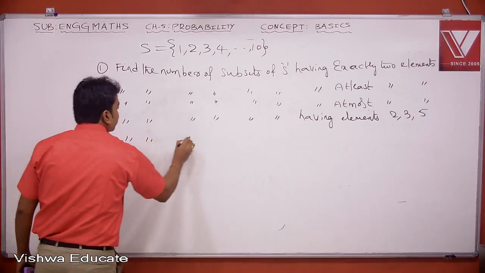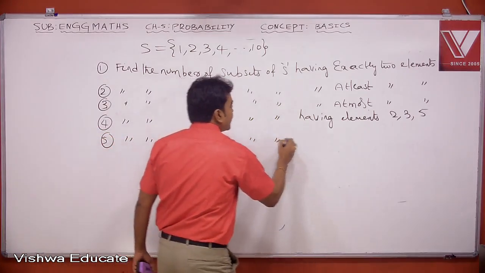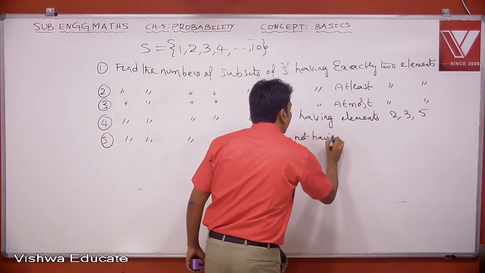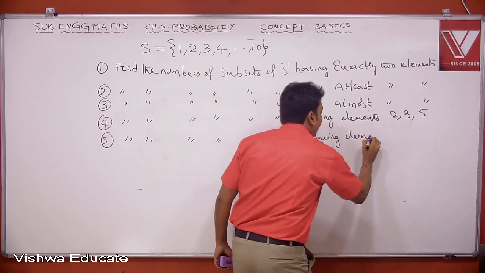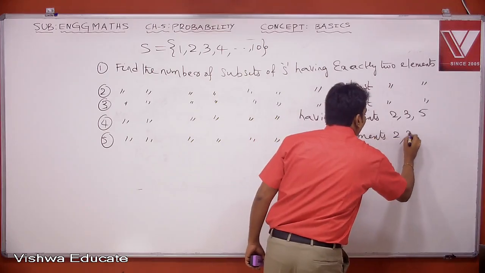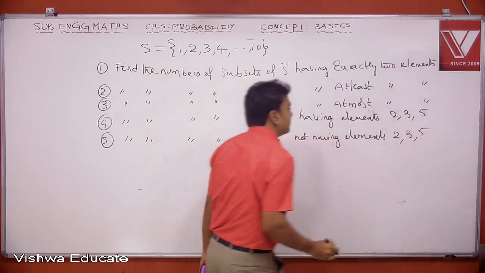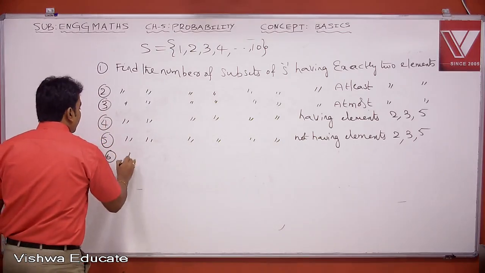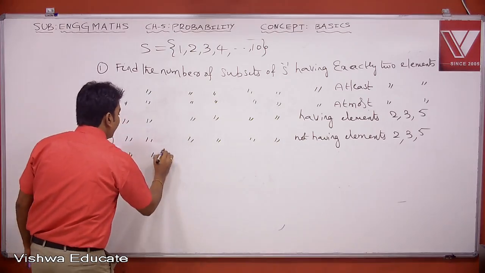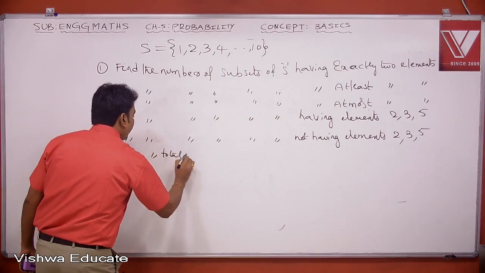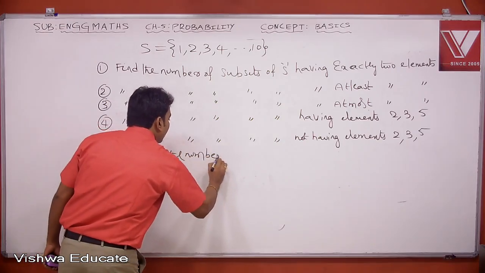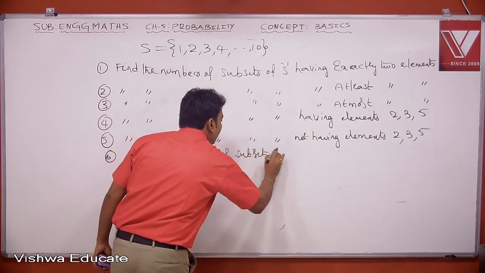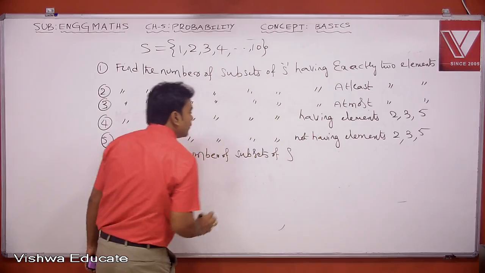Find the number of subsets of S not having elements 2, 3, 5. Last question, find the total number of subsets of S.